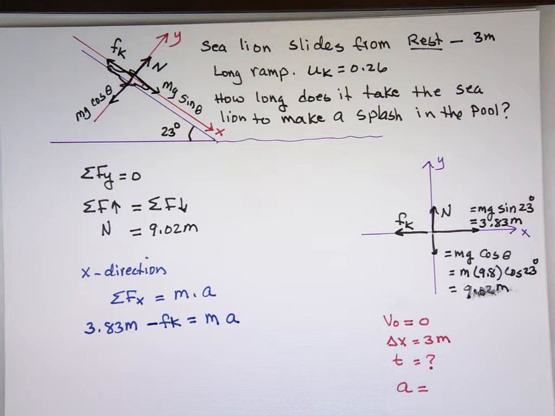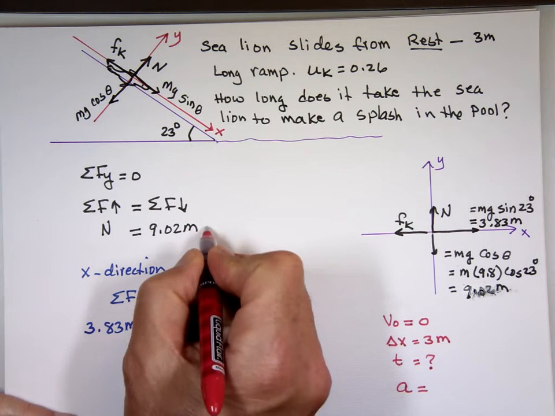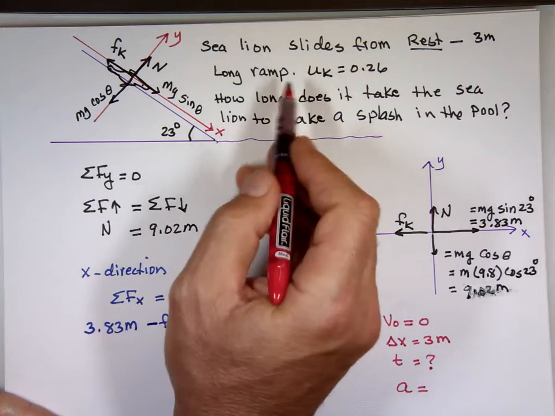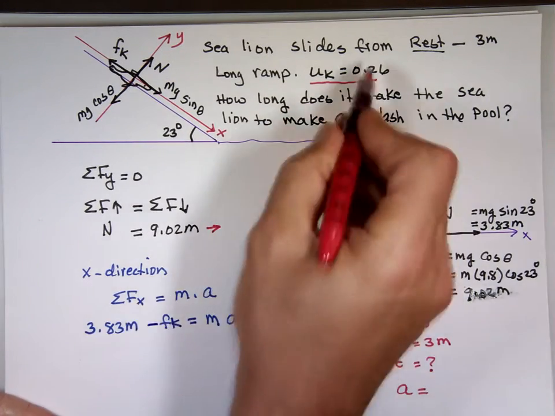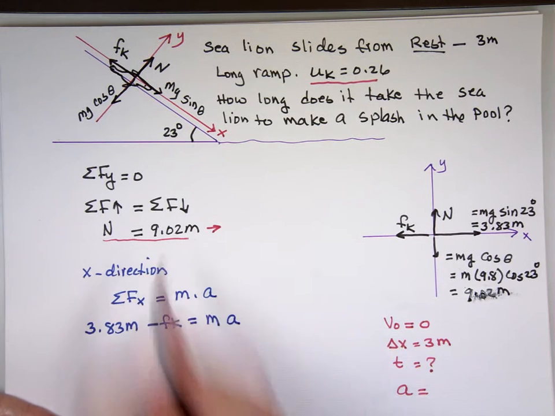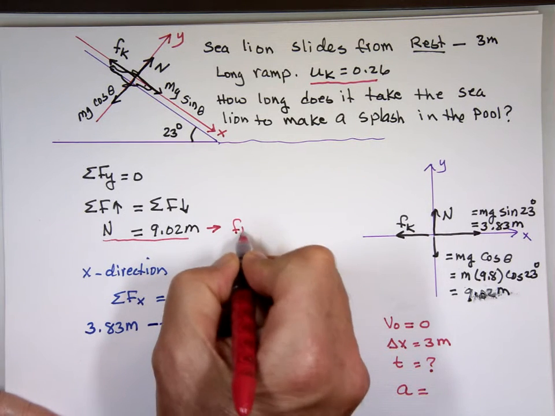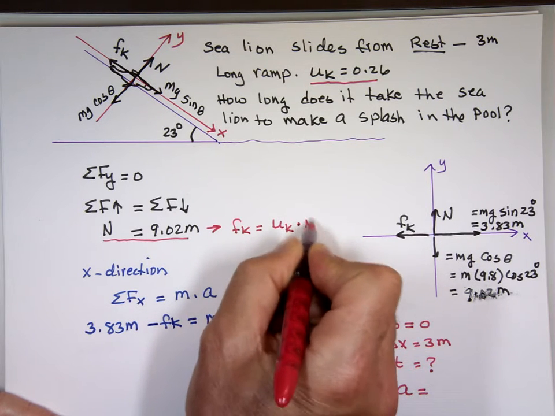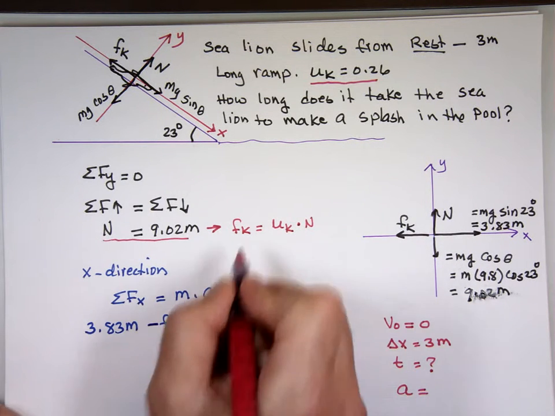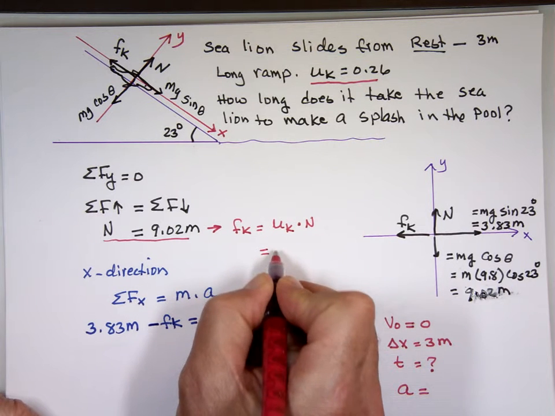Let's go back here. If I know the normal force, and I know mu k, can I find f of k? f of k equals mu k times N. What is mu k? Mu k is 0.26.